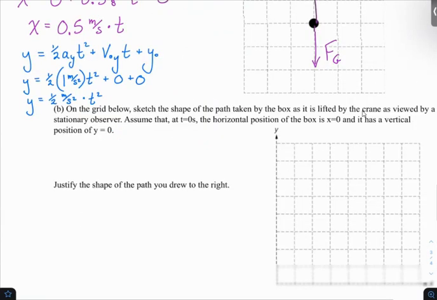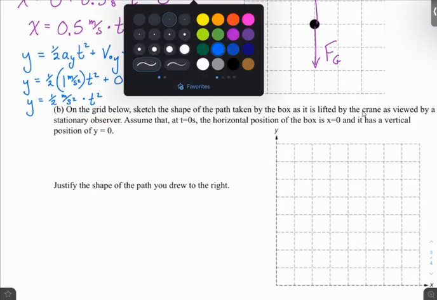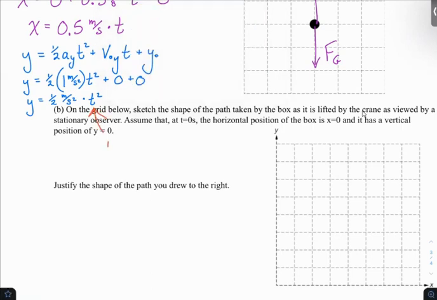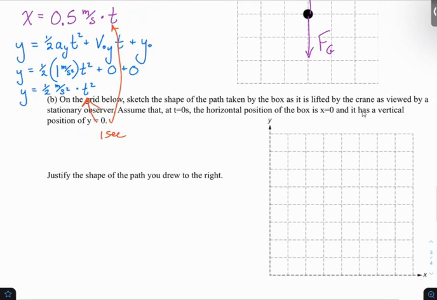To do part B, all I need to do is plug in the same amount of time. I could plug in 1 second for both of these, and then plot where it is in the x direction and the y direction. In the x direction, if I plug in a 1, it's going to be at 0.5. In the y direction, if I plug in a 1, it's also going to be at 0.5.